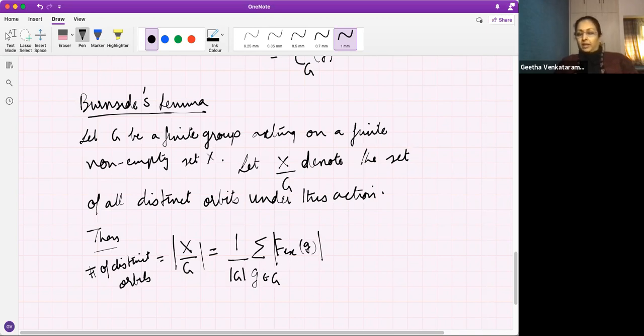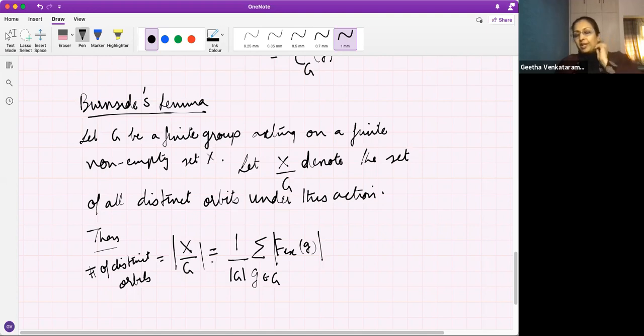So you look at each element of G, take the fix of g, sum up all those orders and average it over the order of G, and the answer is going to be the number of distinct orbits. Okay, so it's a way of counting distinct orbits.